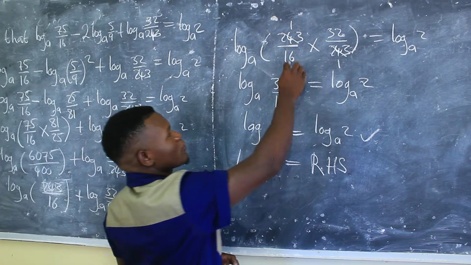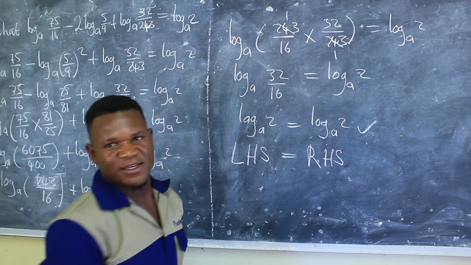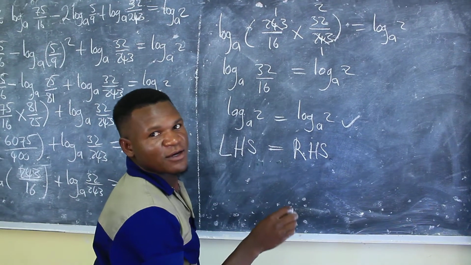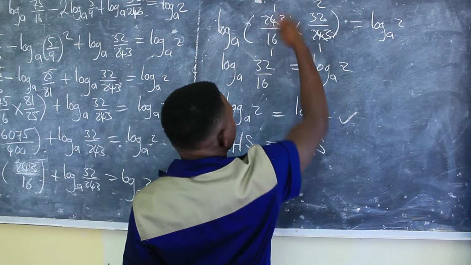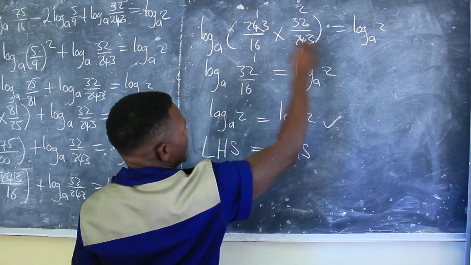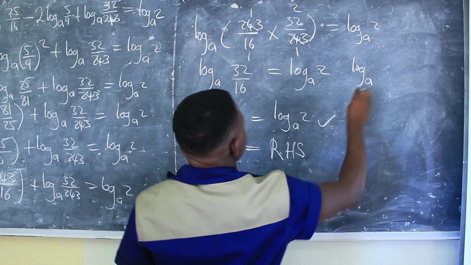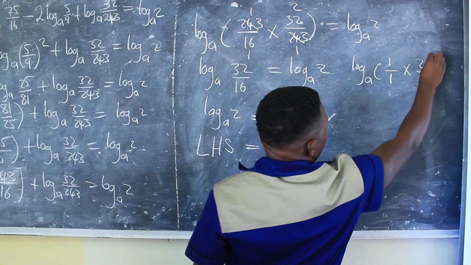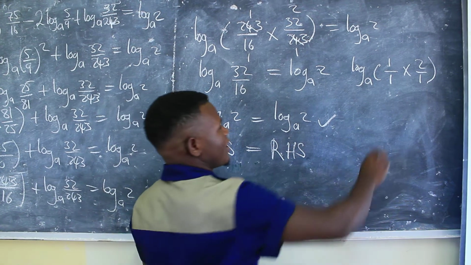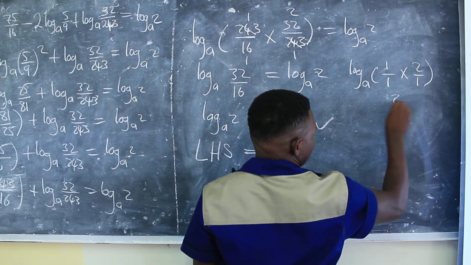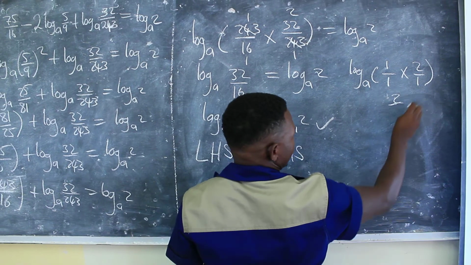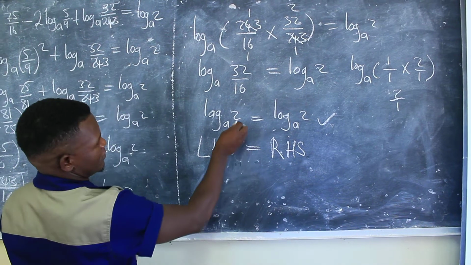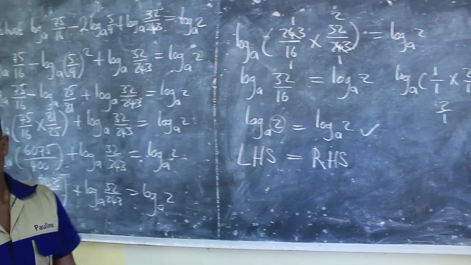How many times can 16 go into 32? 2 times. 16 into 16? 1. So we have log base A, open bracket, 1 out of 1 multiplied by 2 out of 1. 1 multiplied by 2 gets 2, and 1 multiplied by 1 is 1. 2 divided by 1 is 2, which is that one.